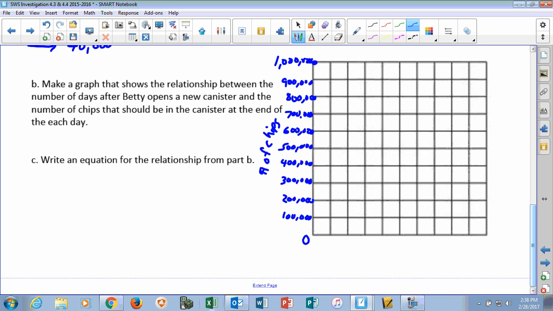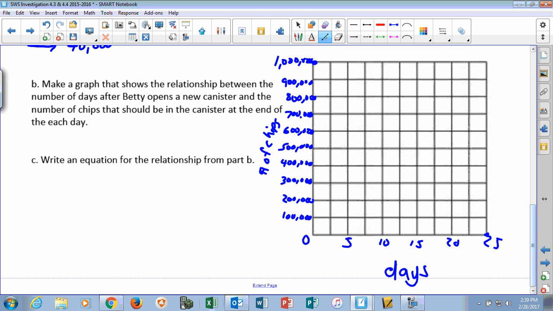Which just happens to be our starting point. And then for the number of days, we know we need to fit at least 25 days in here, right? Because this is days. You go by 2.5, so this was 5, 10, 15, 20. You could have gone by 3s, too. It's just going to look a little different, but we know at 25 days how many chips are left. No, not 1 million. 0.